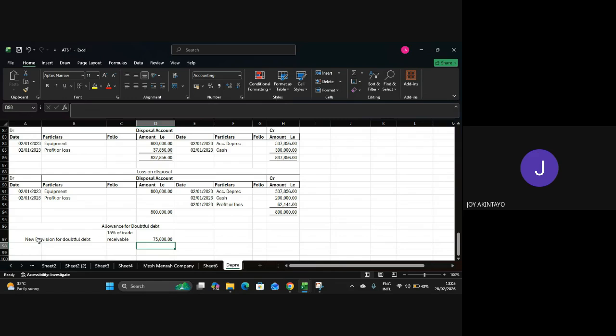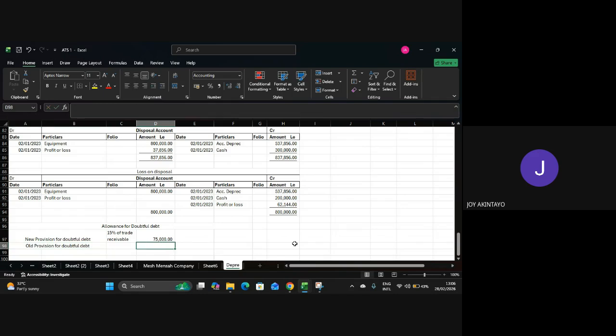Old provision. What is our old provision? Old provision for doubtful debts.